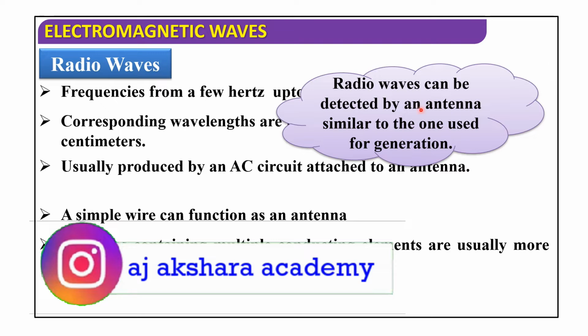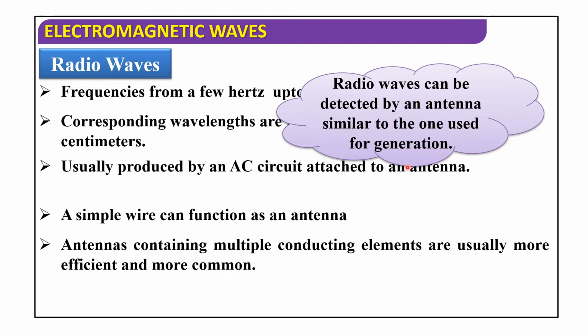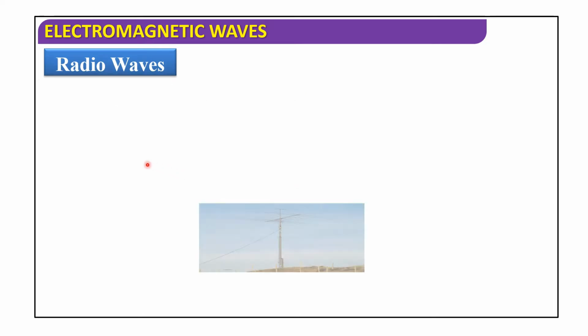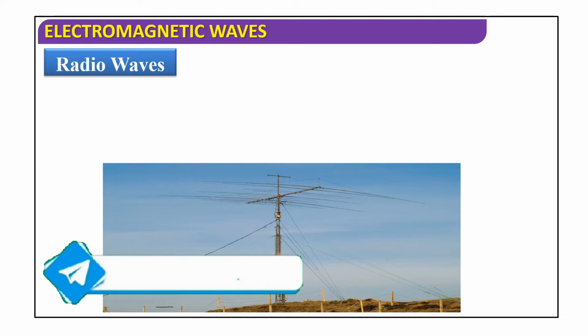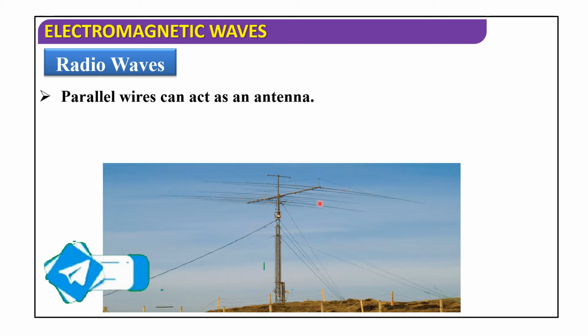Radio waves can be detected by an antenna similar to one used for generation. Here we are using radio waves in an antenna. Parallel wires can act as an antenna.